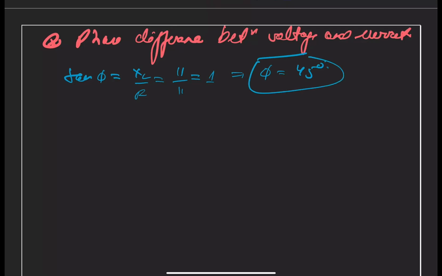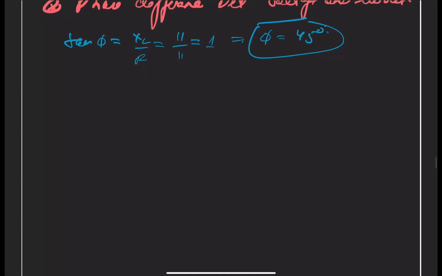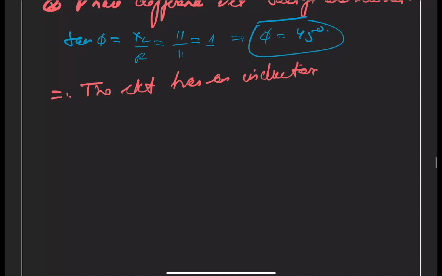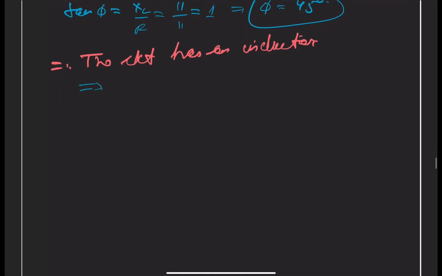Because it is a series RL circuit having an inductor, the current lags the voltage by 45 degree.